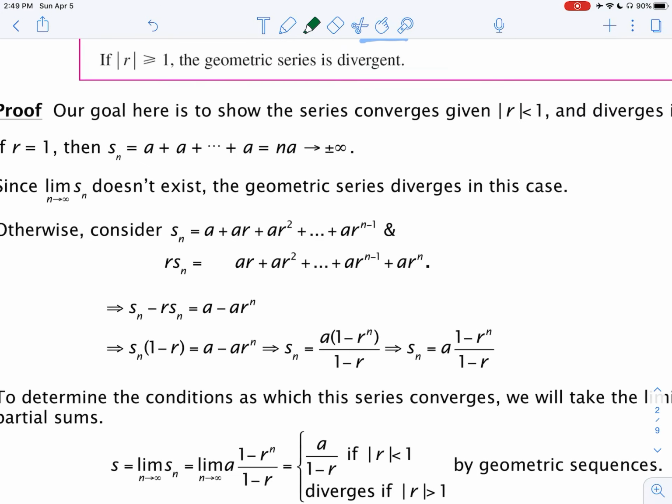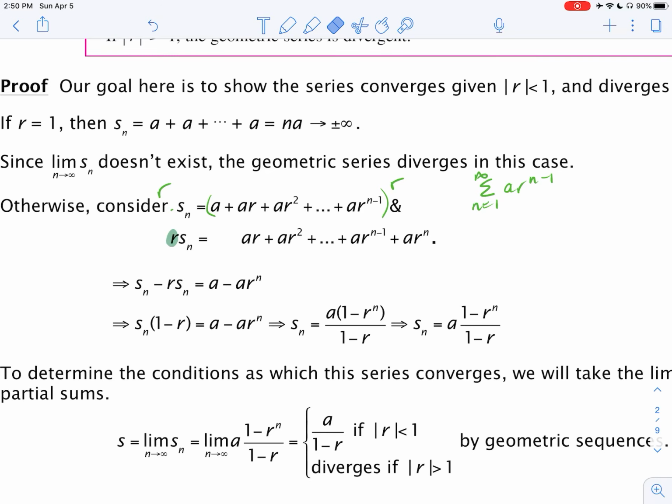So in forming the partial sum S sub n, we've got a plus ar plus ar squared plus up to ar to the n minus 1, because we are working from n equal 1 to infinity of ar to the n minus 1. Good. So if we were to multiply both sides of the equation by r, distributing that r, each term would increase by a factor of r.